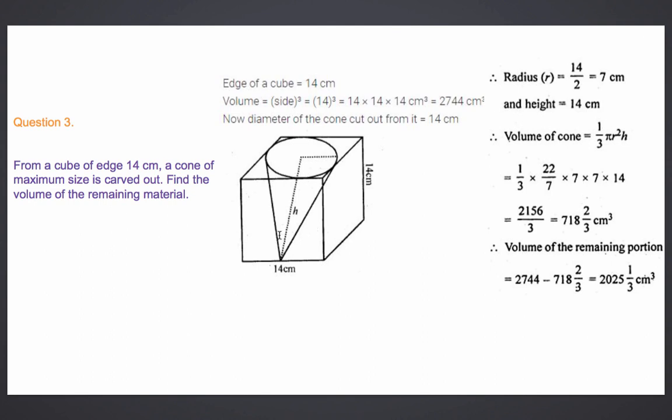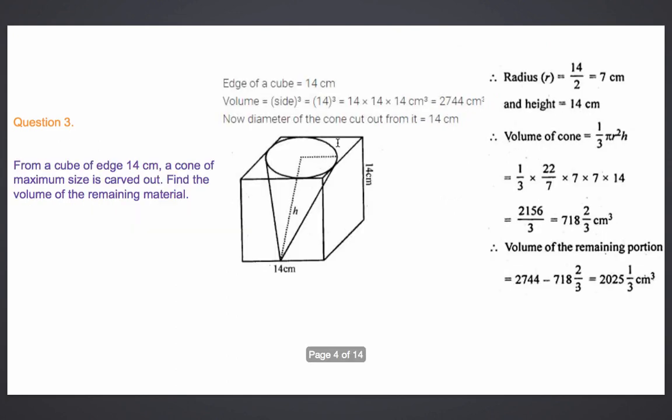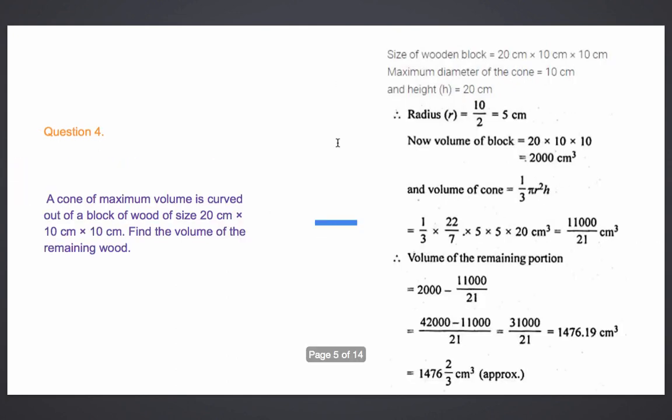We will have to take the same height for the cone. Now volume of remaining means subtraction. Bigger is the cube, so volume of cube minus the volume of cone. This is what we get. Understood, students? Question number 3 is clear to all of you? Yes, ma'am. Good. Let's proceed with the fourth question.